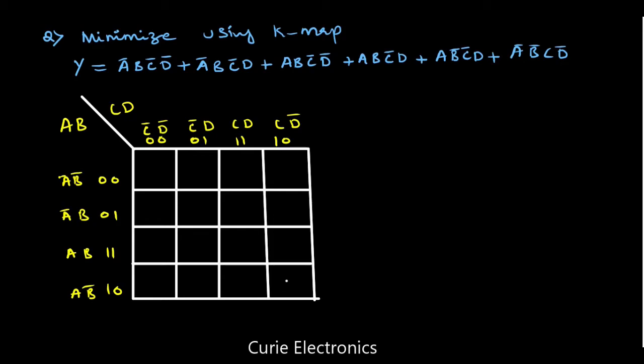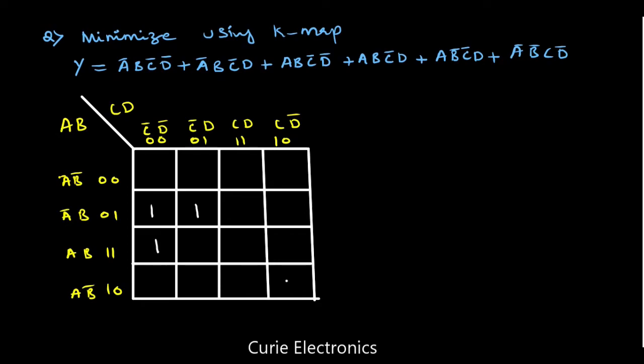Next, minimize the given expression using a K-map. Now let's mark the ones, because this is a sum of products. A bar B C bar D bar. Where is A bar B? A bar B is the second row, C bar D bar, first column. Next, A bar B, same row, C bar D. Next, A B C bar D bar.